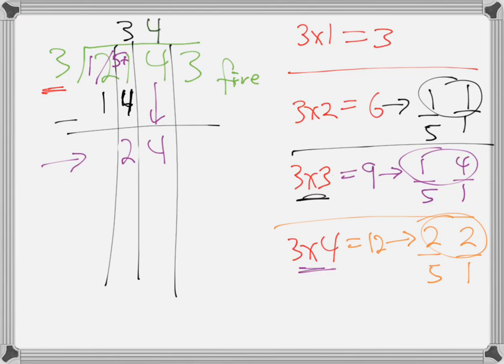Put the 4 over the last digit of the number we're going into, like usual. Okay. So then 4 times 3 is 12, but it's 2, 2. So 2, 2. And then what do I do? Subtract 2, bring down.